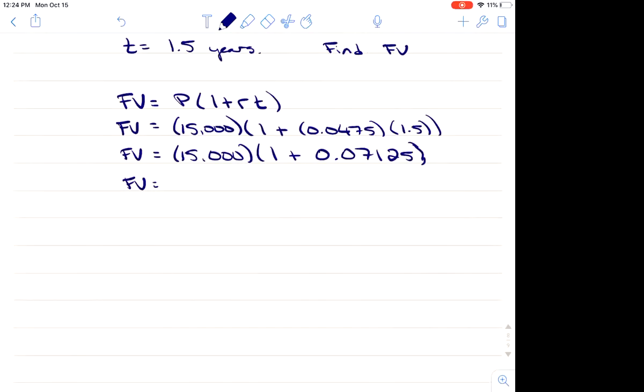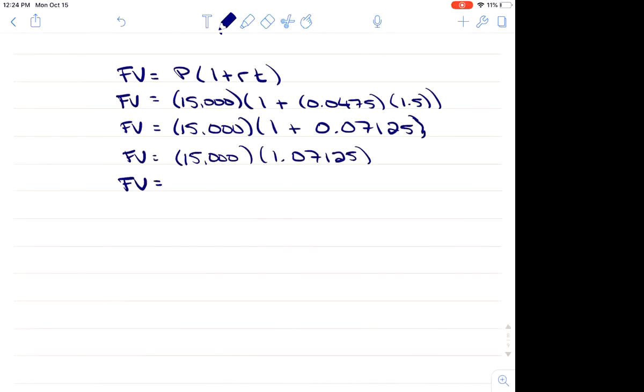I'll show all my steps this time. 15,000 times 1.07125. Finally, times that by 15,000. My future value is 16,068.75. Even.